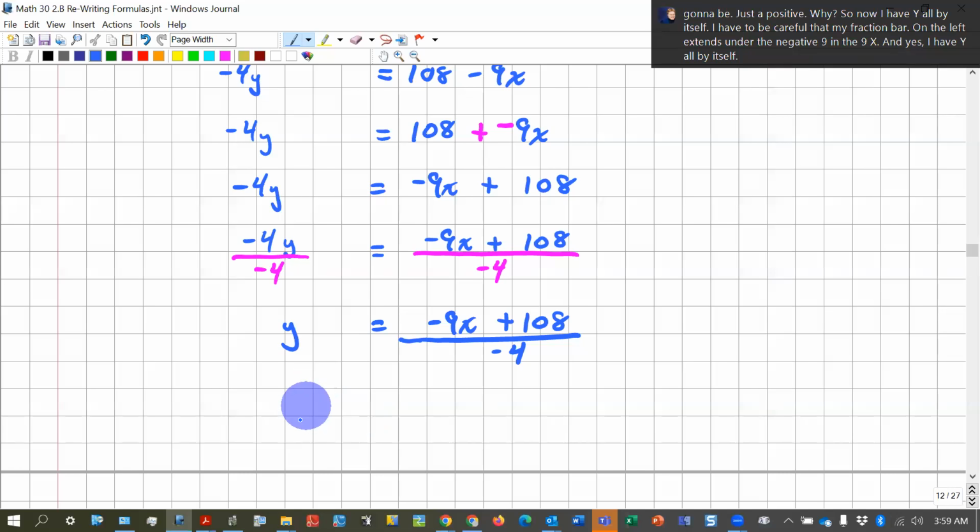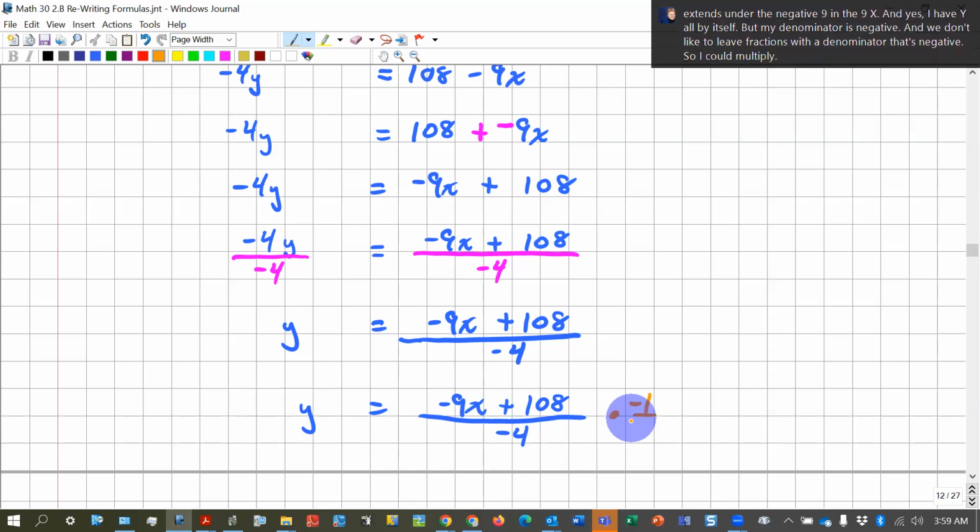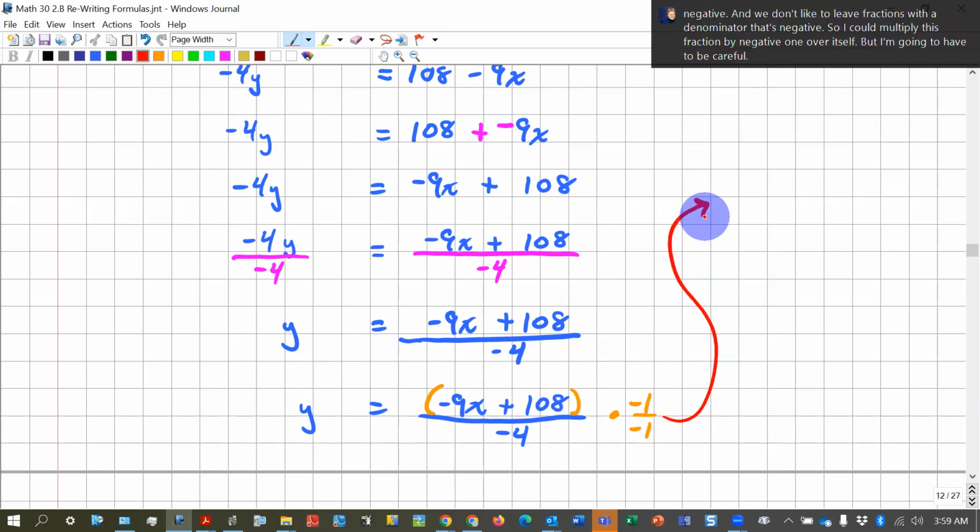but my denominator is negative. And we don't like to leave fractions with a denominator that's negative. So I could multiply this fraction by negative 1 over itself. But I'm going to have to be careful in the numerator to put parentheses in.